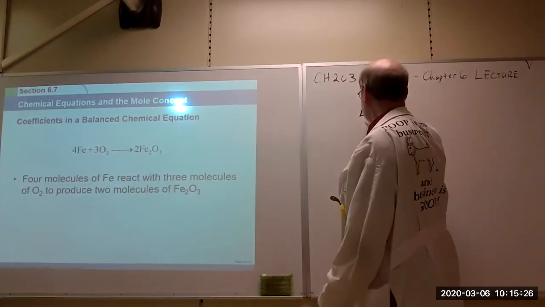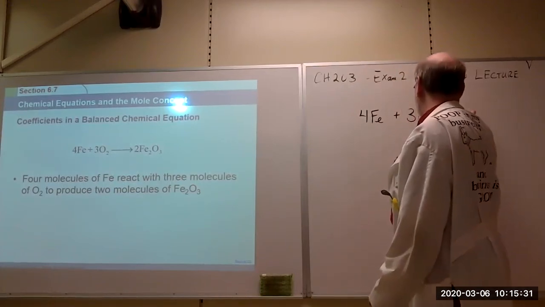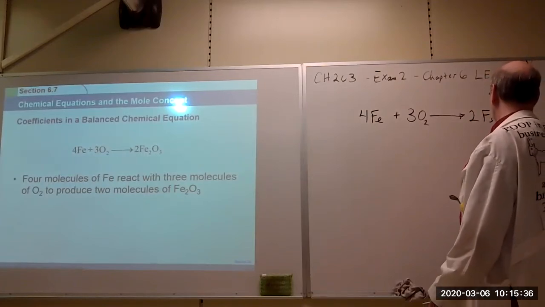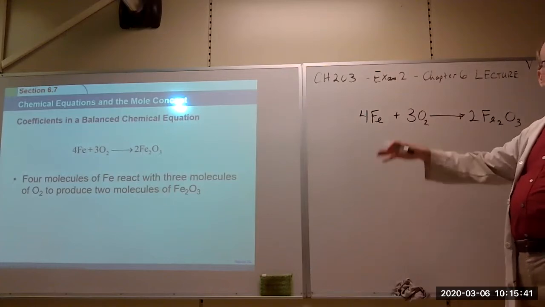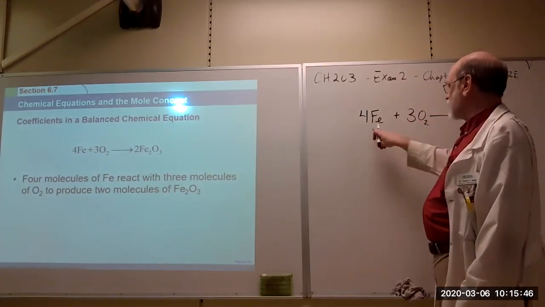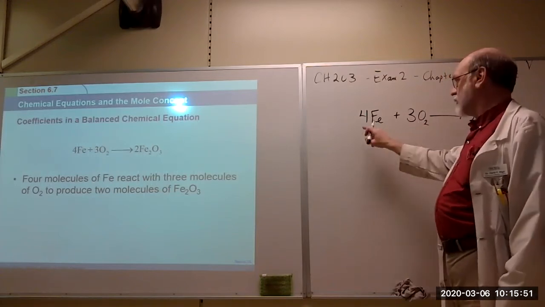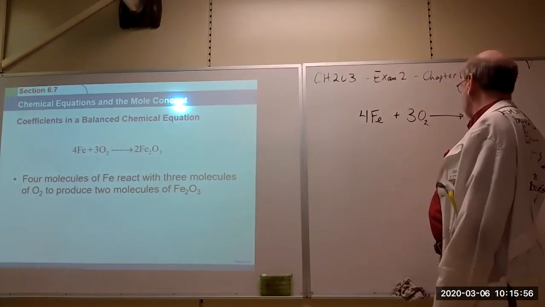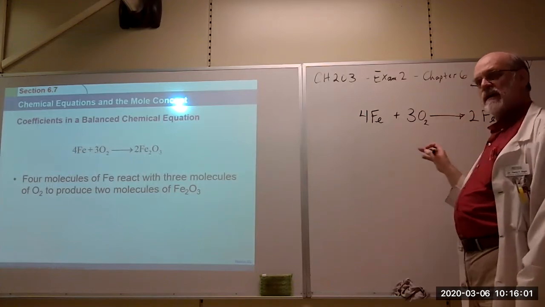So once you've got a balanced equation, you have the potential for a whole host of conversion factors, because 4 of these ratio to 3 of those. 4 of these ratio to 2 of those. 3 of these ratio to 2 of those. Okay, so that's 1, 2, 3, and then you can flip them.